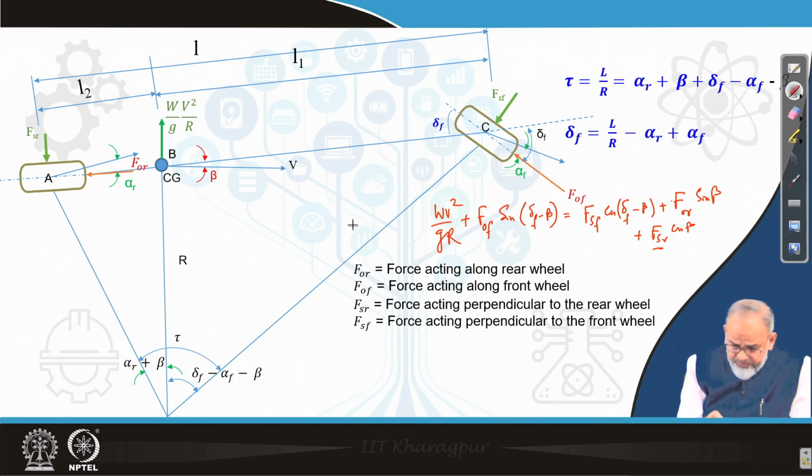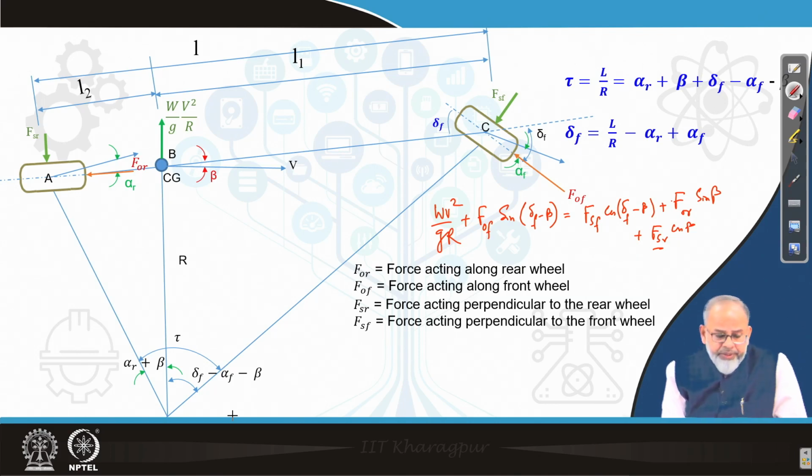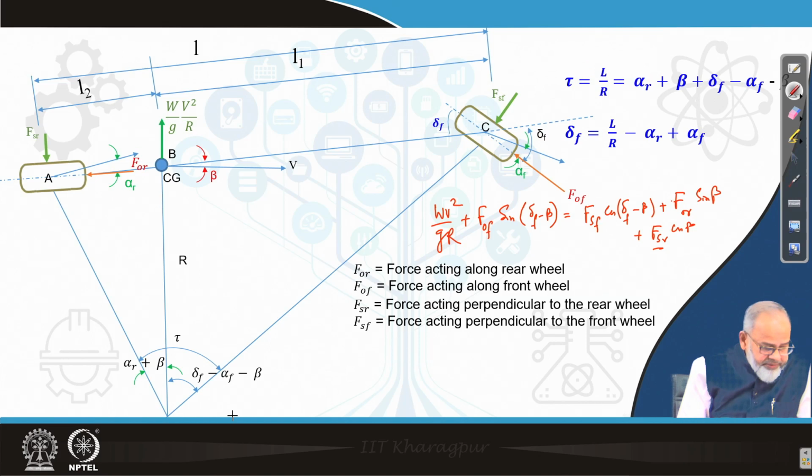So, this will be the summation of forces, or the forces acting parallel to the radial turning radius. Similarly, we have to find out what are the forces acting perpendicular to the turning radius.